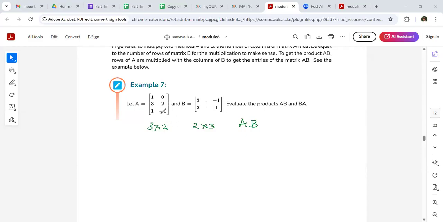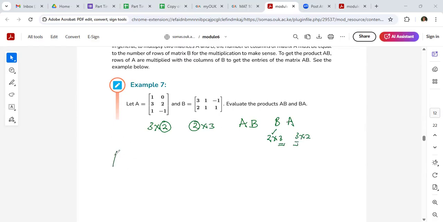Yes, we can find AB because the number of columns in A is the same as the number of rows in B. How about BA? For BA you'll have to write it as 2 by 3, 3 by 2. Is it possible for us to find BA? Yes, it is possible since the number of columns in B is the same as the number of rows in A.